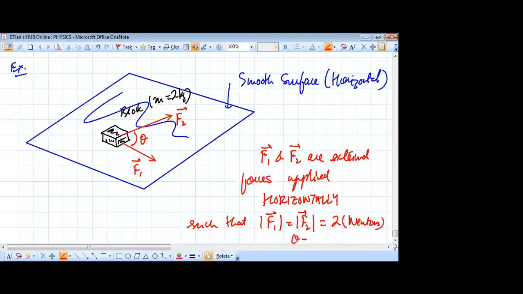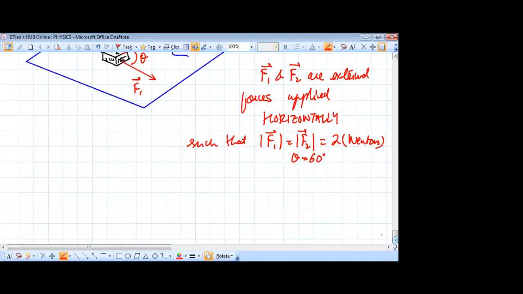But they are applied at theta equal to 60 degrees with respect to each other.